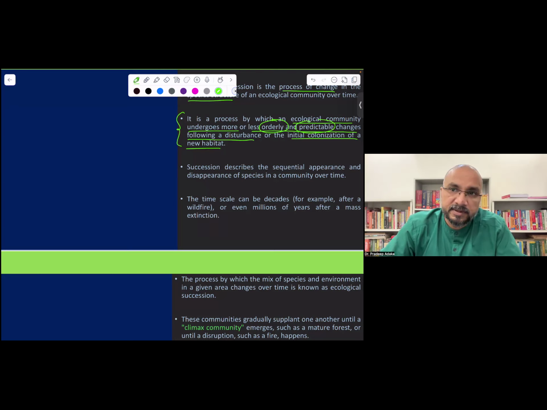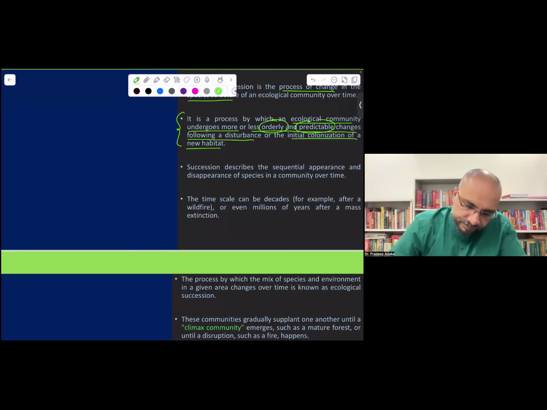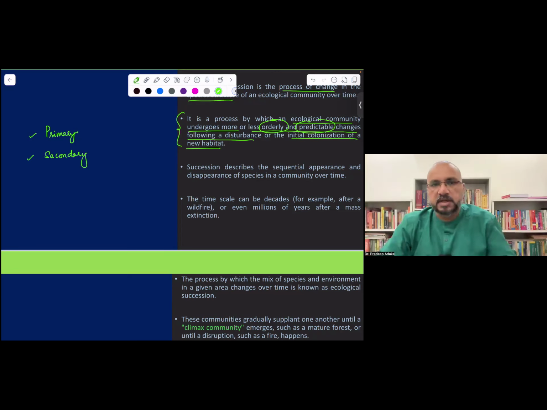Now this can happen when your pioneer species occupies a new area. So there are two types of succession. Primary, where everything will start from the beginning, and secondary succession, where there was a plant community, there was a mature community earlier, but due to some ecological disaster like forest fire or volcanic eruption, that community has been completely destroyed.